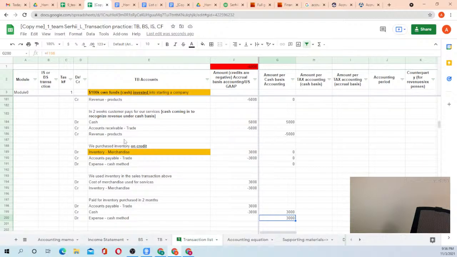So what we did here, we purchased inventory on credit. Title to inventory transferred to us. And we recognize.